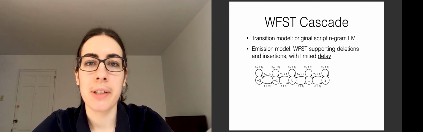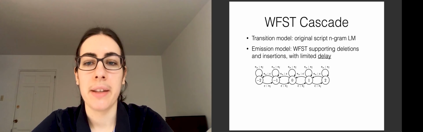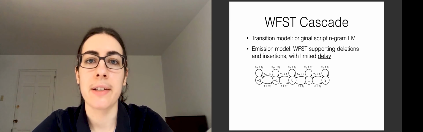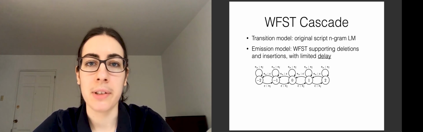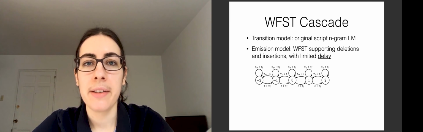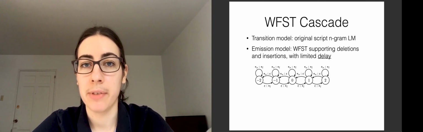Our proposed model is a cascade of weighted finite state transducers, where the transition model is a character-level n-gram model of the original script, and the emission model is a transducer whose arcs correspond to character substitutions, insertions, and deletions. Because we allow deletions in our model, the length of the latent original alphabet sequence can potentially grow infinitely.